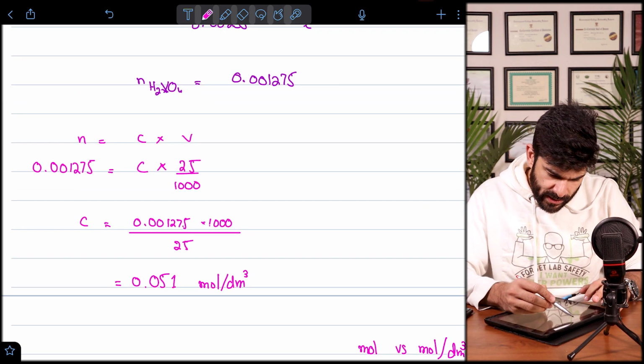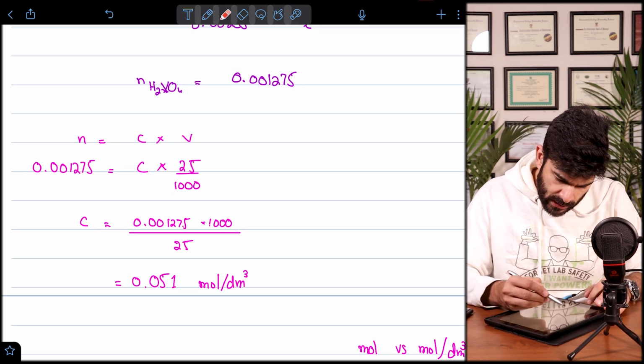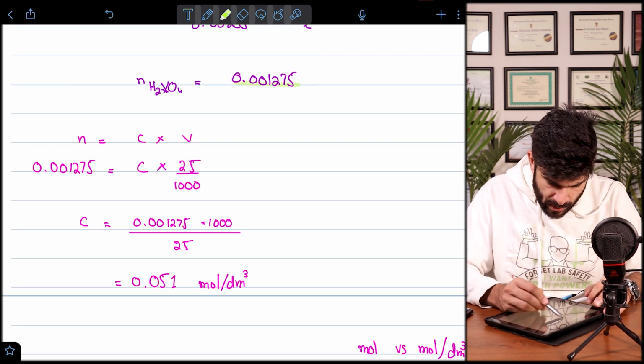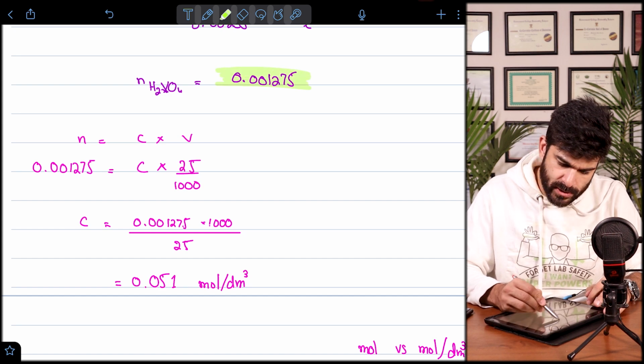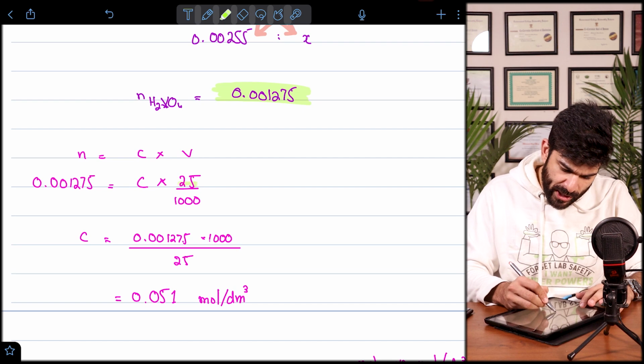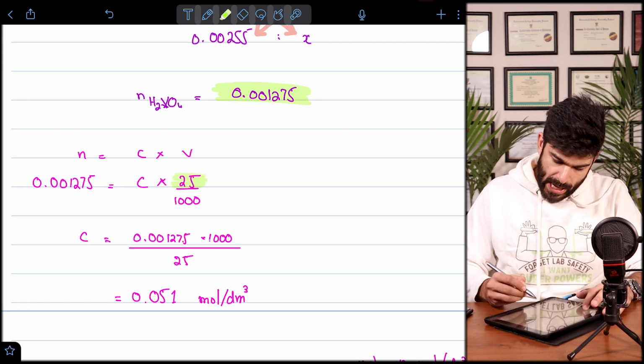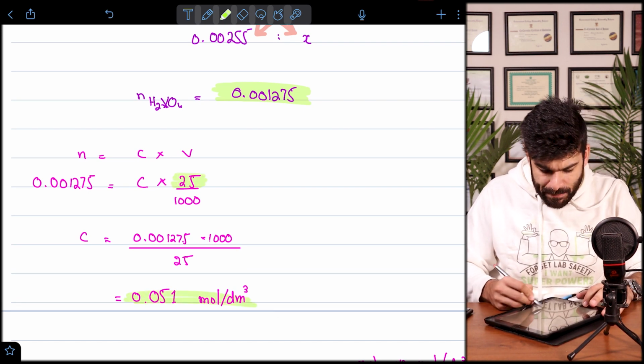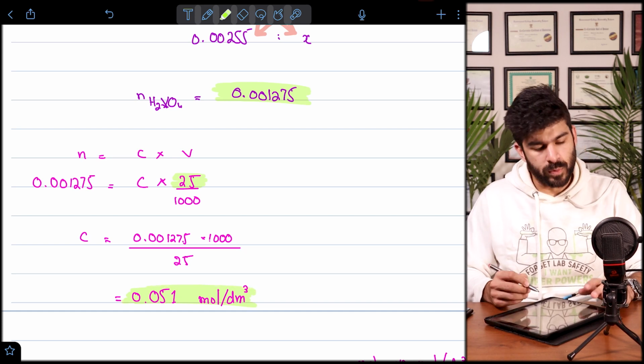So what did we see here? The value given here, these are the moles, just moles, but in which volume? Moles in 25 centimeter cube. And this value is the moles in a dm cube.